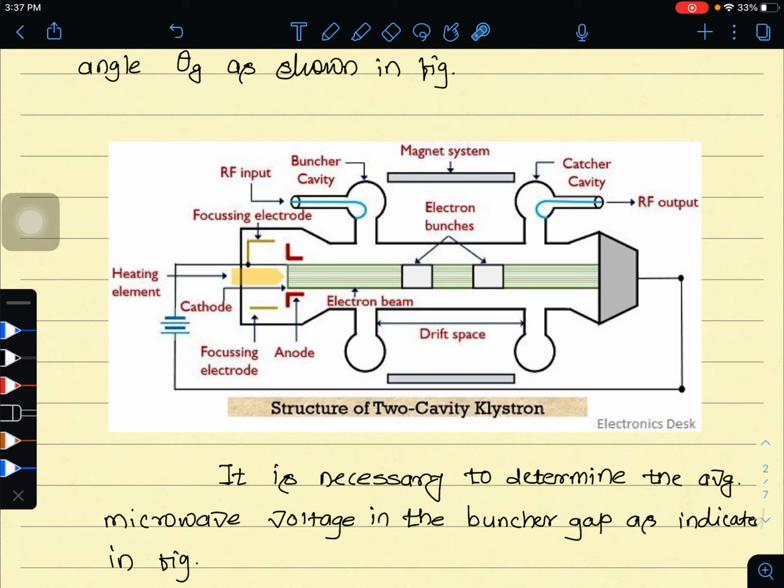When the electrons are first accelerated by the high DC voltage, that is V0, before entering the cavity, called the buncher grid, the velocity of the electrons is uniform.